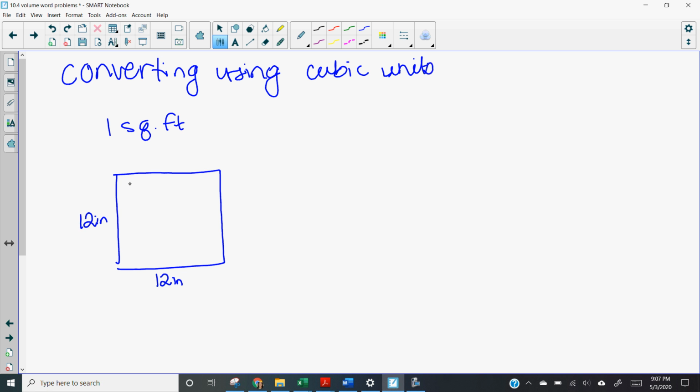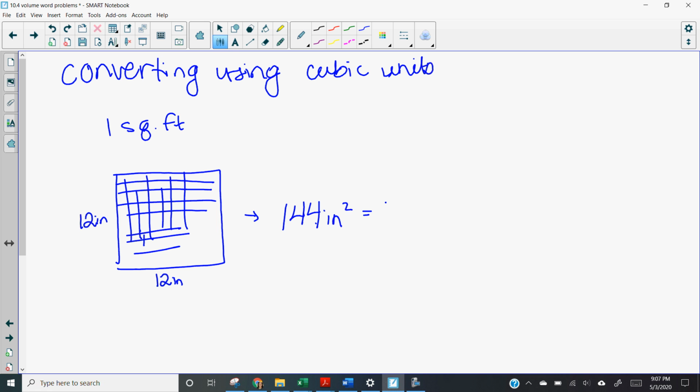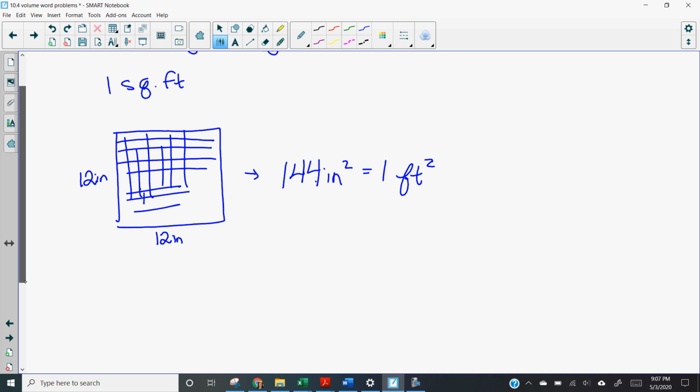So if I can fit 12 going across this way, I'd fill all that out, and 12 going across this way. The area of that in square inches is 144 square inches. That's the equivalent of 1 square foot. So when we're talking about converting between square feet and square inches, we don't divide by 12 anymore. We divide by 144.